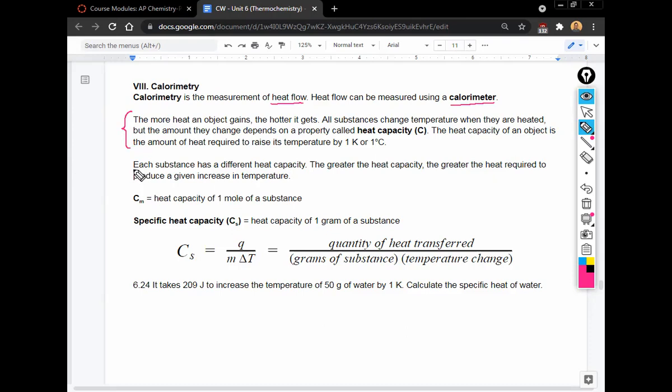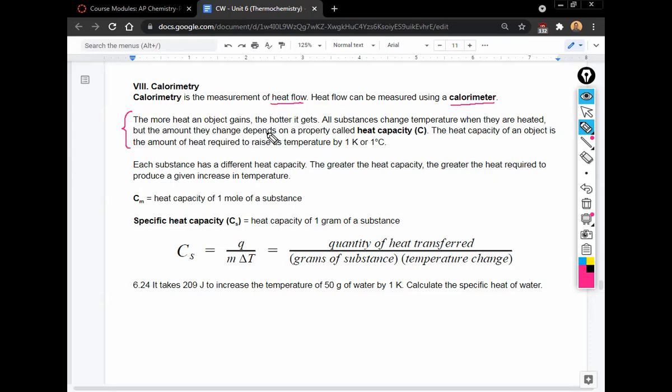Different substances change temperature when they're heated, but they change a different amount, okay? So for example, a piece of metal would heat up a lot faster than, I don't know, a pot of water, right? So the temperature changes at a different rate depending on what substance it is, okay?